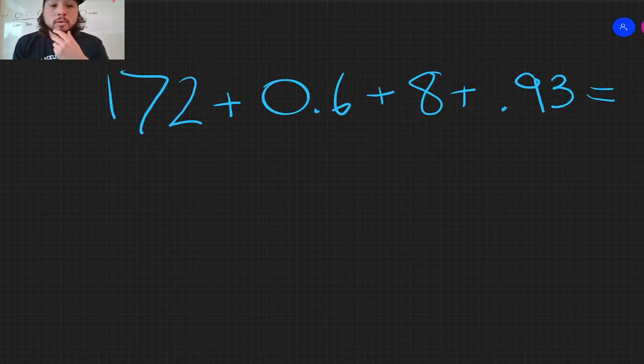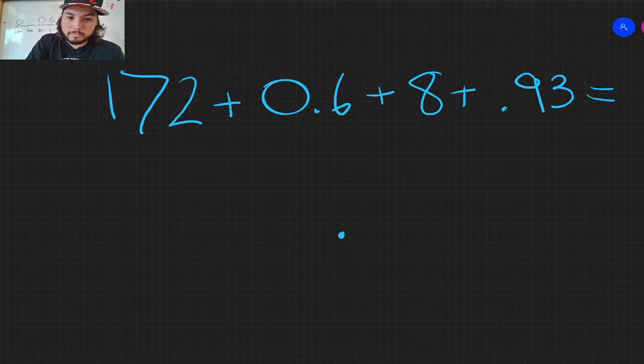And in order to do that, we have to know where our decimal point is, because that's going to be our key to lining everything up, because we have some decimals and we have some whole numbers. Okay, so let's start with our decimals. Let's start with our 6/10 and our 93 hundredths, because those both already have the decimal point written in there for us.